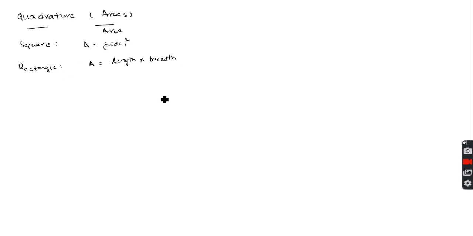Suppose we have a curve like that, there is a function y is equal to f of x, be a curve. So how to find this area?